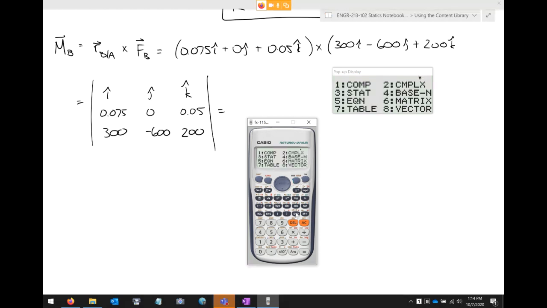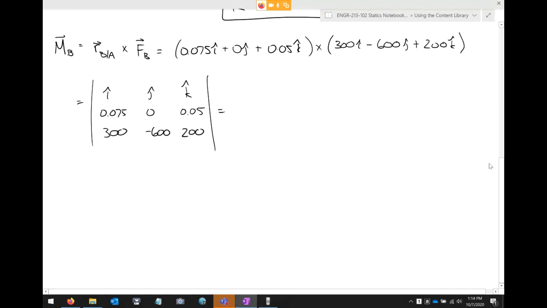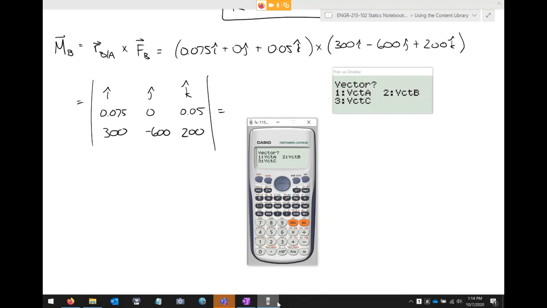So mode, and then we'll do mode 8 for vector, and then we have vector A and vector B. Let's do vector A is the R vector, and then vector B is the force vector. So let's do vector A. Is it going to be a 3-dimensional vector or a 2-dimensional vector?